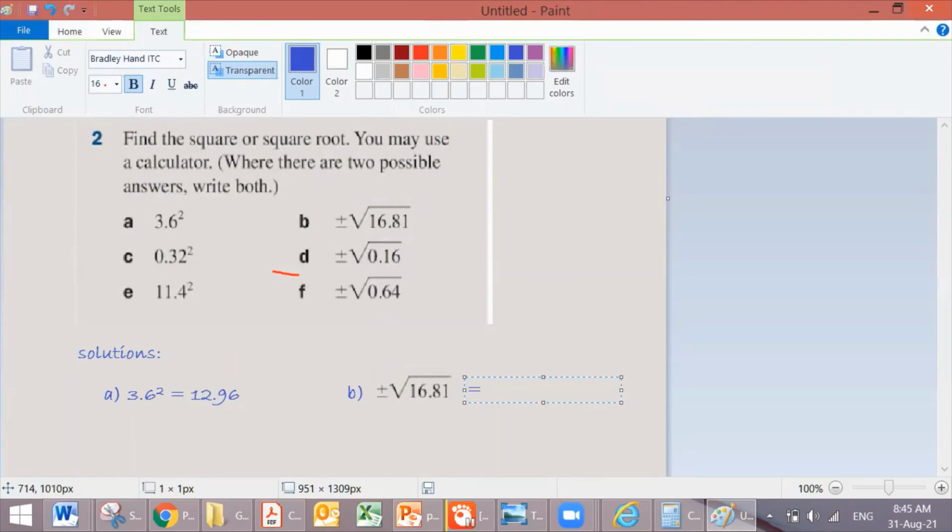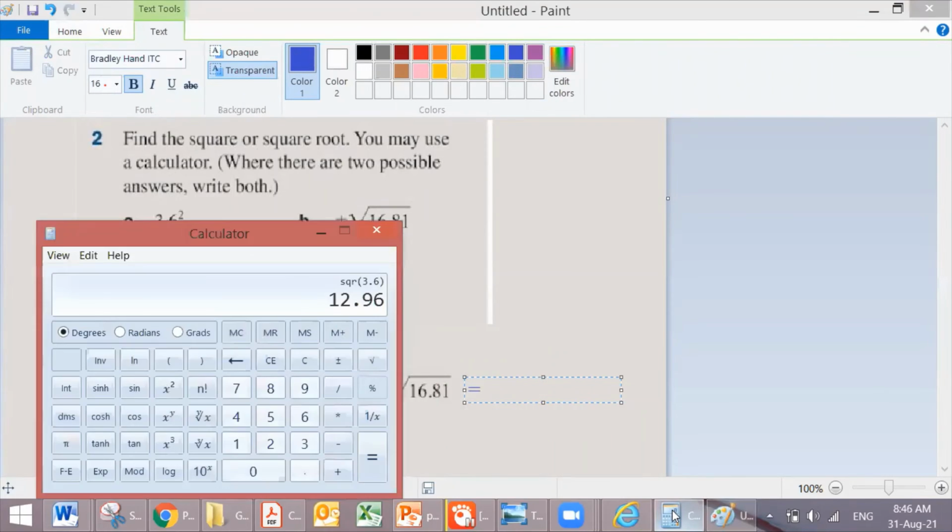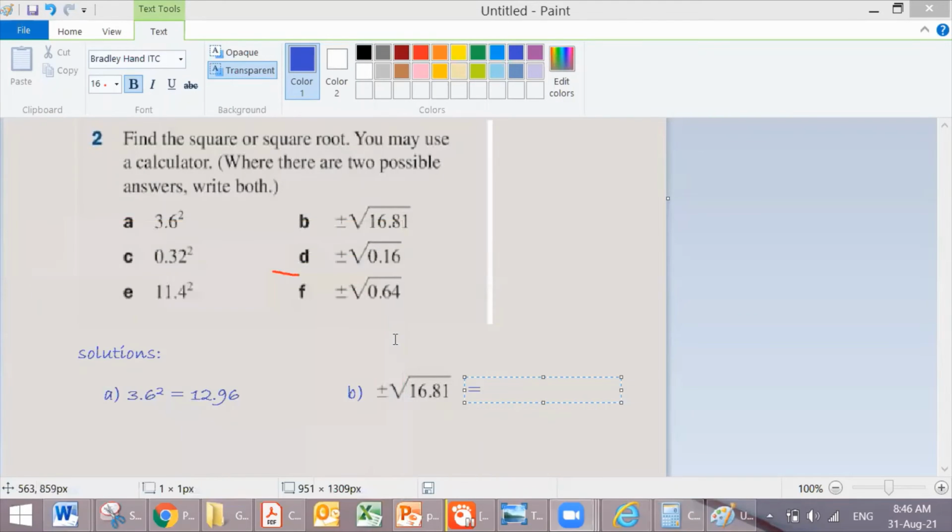So if I choose my calculator, here you can see 16.81, and I have to find its square root. Here is the square root. So this one is 4.1.